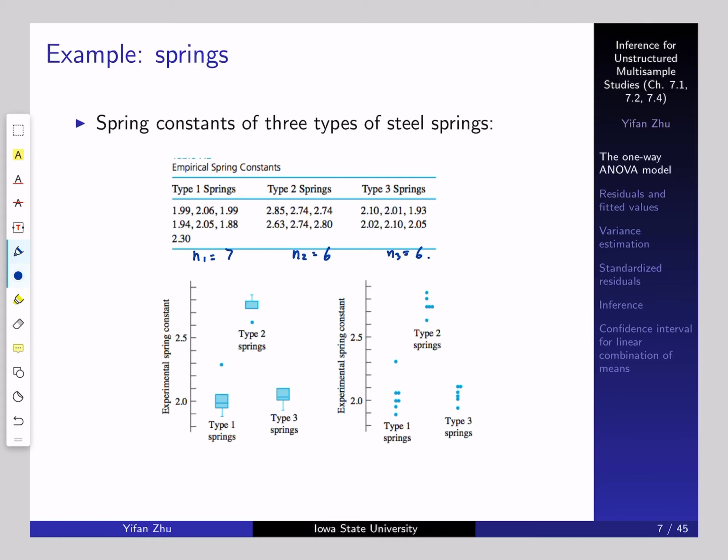We can make a side-by-side box plot for the 3 types of springs, and we can also do a scatter plot for these 3 types of springs, and we can see that type 1 and type 3 have a similar mean, and type 2 is bigger than type 1 and type 3.